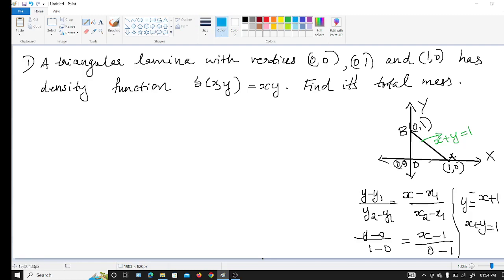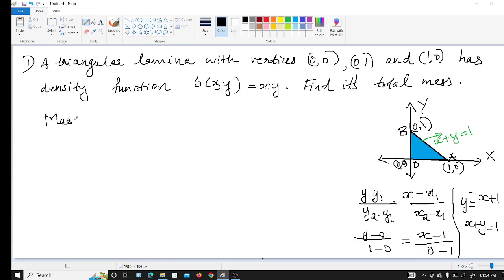Now you can mark the region. The shaded portion is our required region, that is our lamina. Now we can write the formula for finding the mass of the lamina.